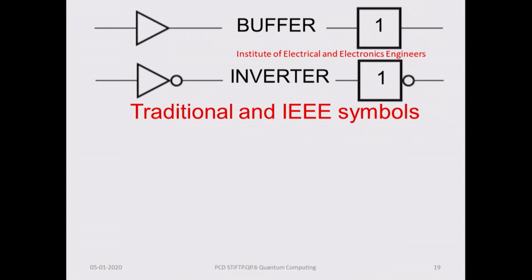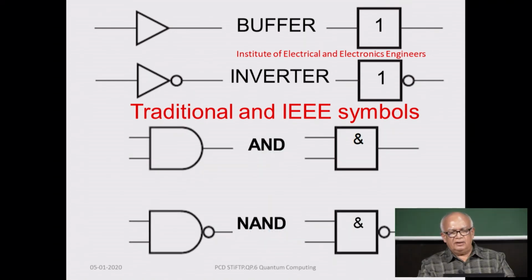So, the symbols can be different sometimes in literature. There are traditional symbols, and then there are symbols which are approved by the IEEE, the Institute of Electrical and Electronics Engineers. So, they have approved some symbols. So, sometimes in the literature you will find different symbols used, but they all mean the same thing.